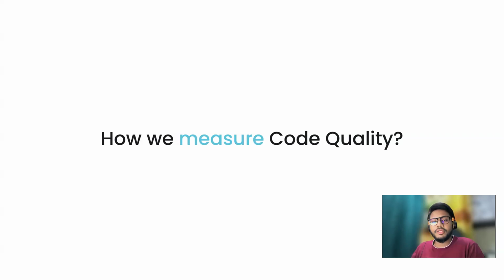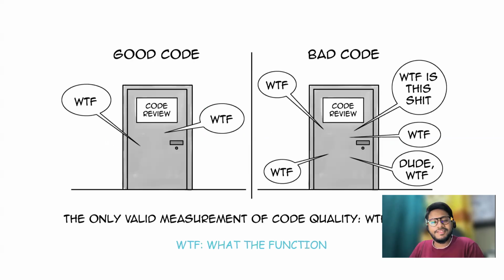One quick joke, a meme that is commonly shared in the coding industry, is a way we can judge quality. If there is a lot of noise in the code review at the time of code review, it's bad quality. And when things are going smoothly and there is a lot less noise, then we can say it's good quality.